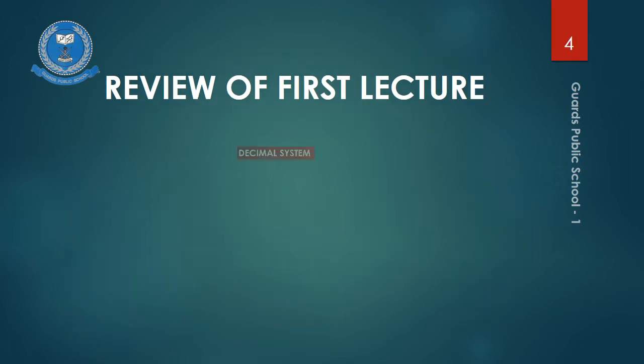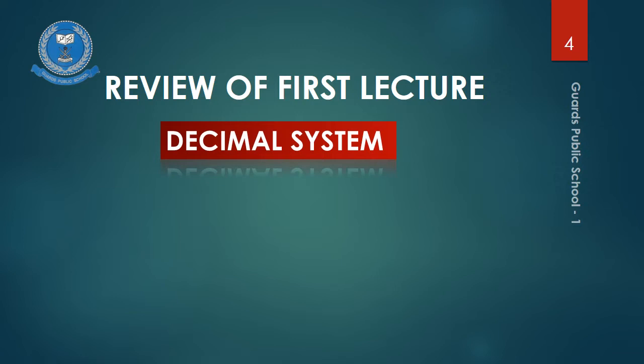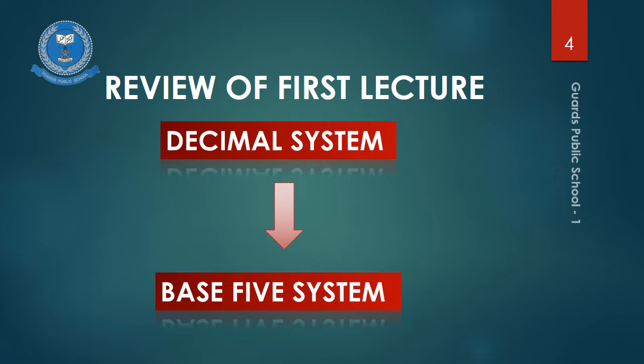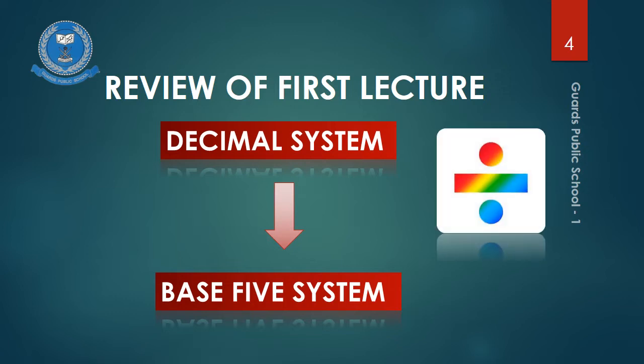In order to convert our decimal system into base 5 system, we normally divide that decimal number by 5.